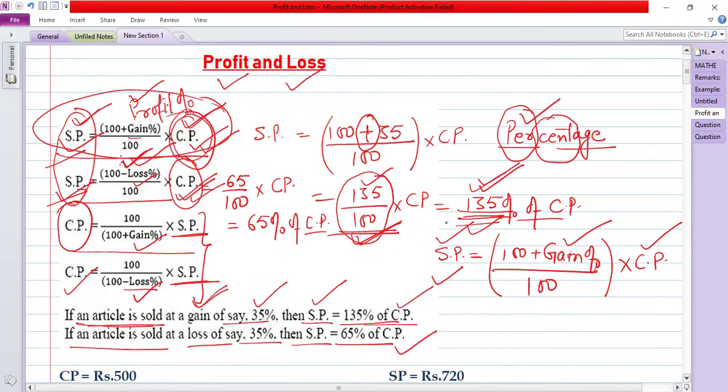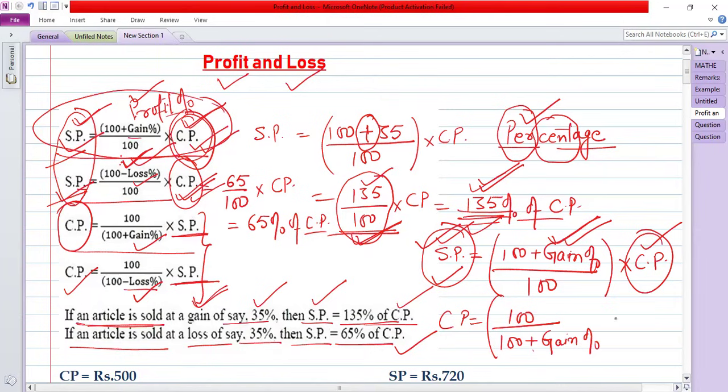But if the selling price is given along with the gain percent, then how to find the cost price? The cost price will be 100 upon 100 plus gain percent.